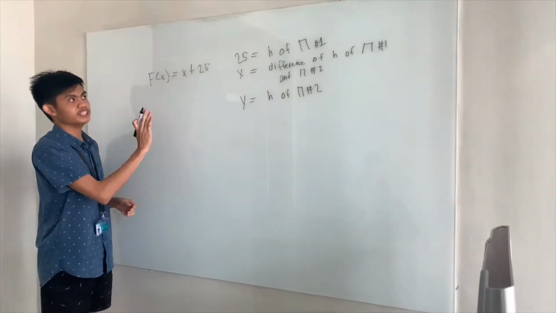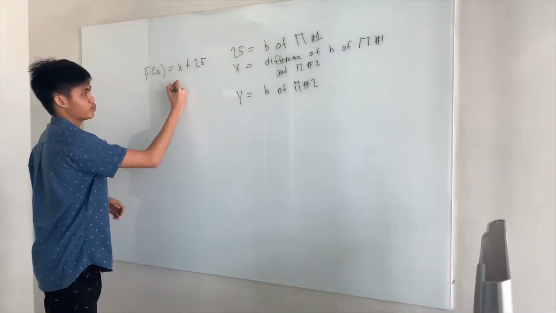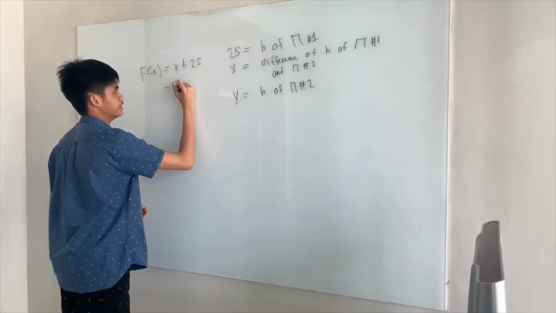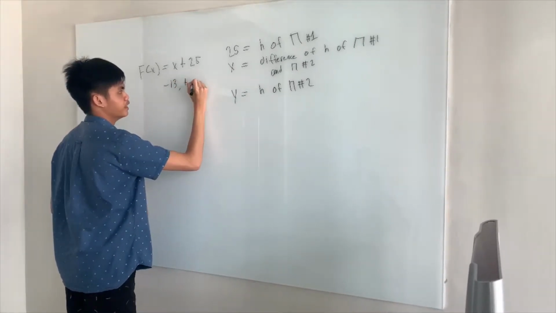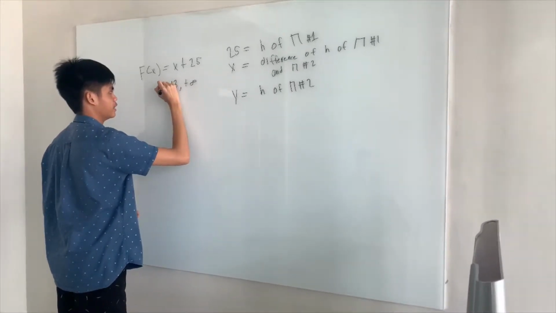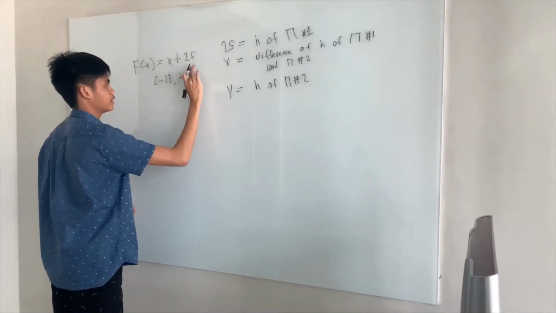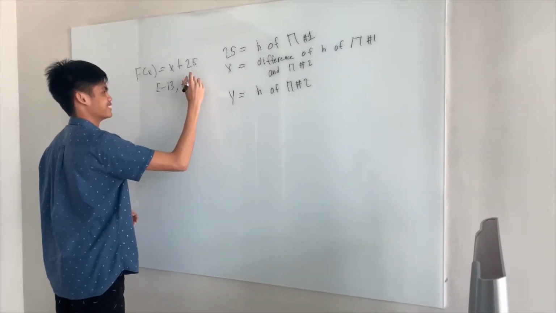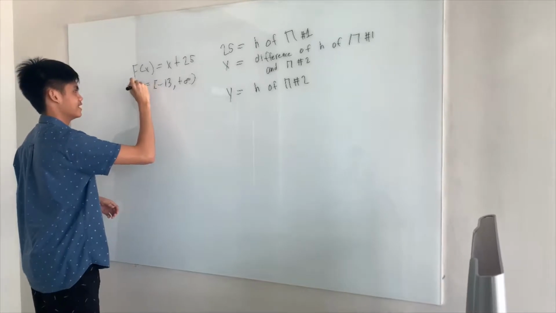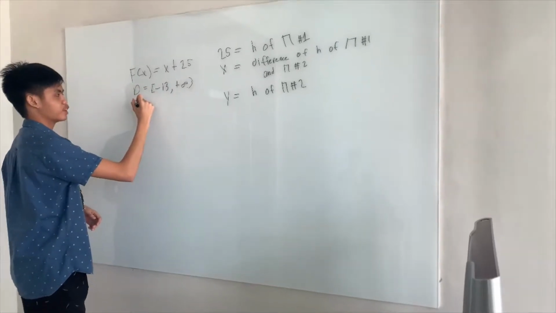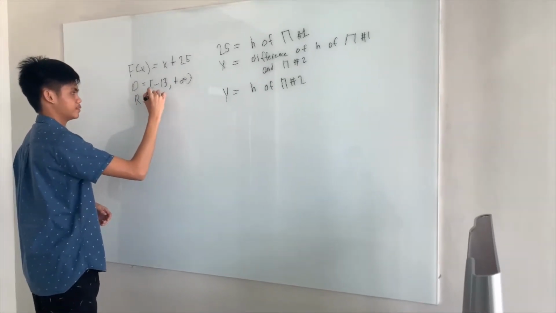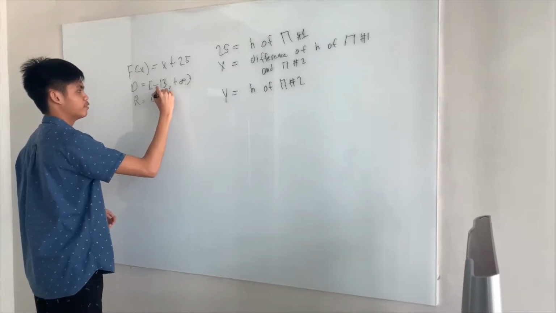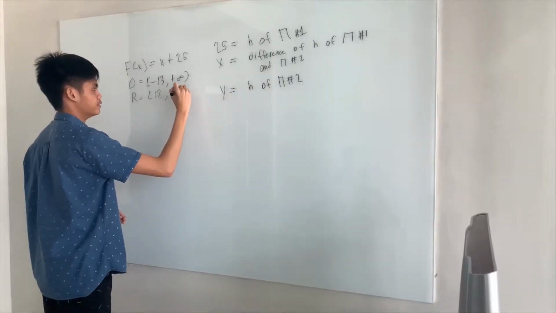So the domain of this function would range from negative 13 to positive infinity, while the range of this function would be 12 to positive infinity.